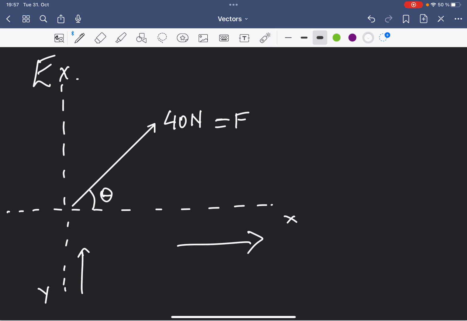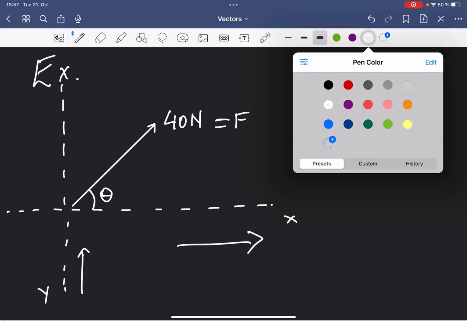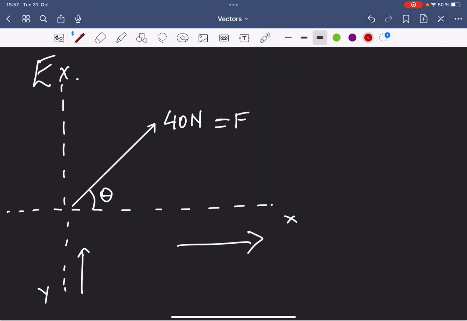So what I want you to do in this example is simply draw vertical dashed lines from the end of the vector of 40 newtons towards the x and the y axis, and then let's see how we can translate this into length.